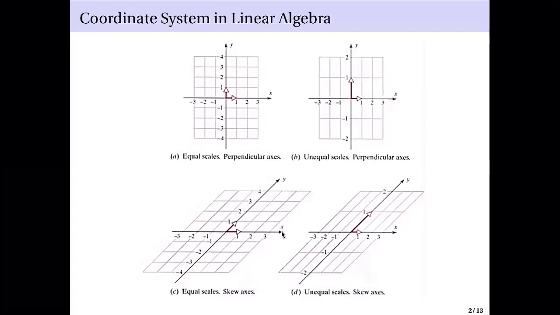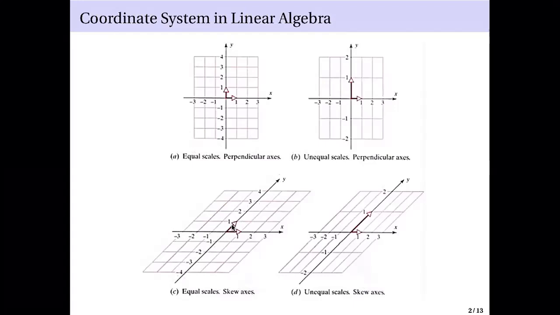The x-axis here is still horizontal, just like in the previous cases A and B, but the y-axis is not vertical. So it is slanted. But in figure C, the length of 1 unit in the x-axis is the same as the length of 1 unit in the y-axis.